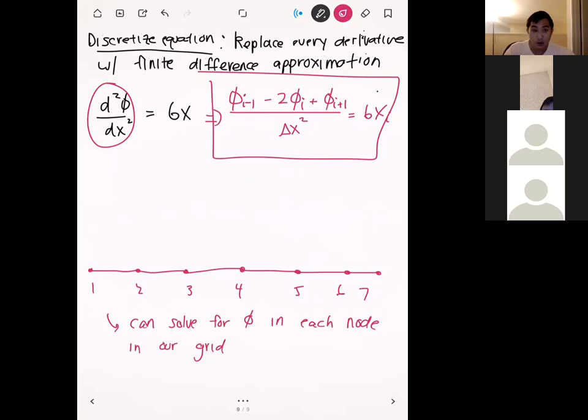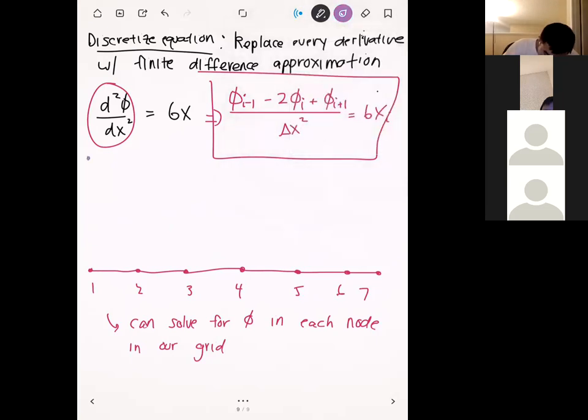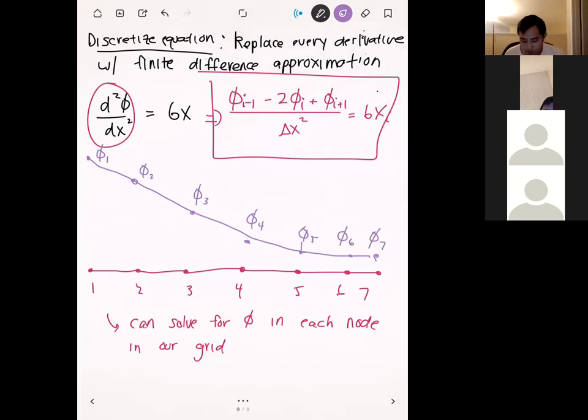And so what we want eventually is a solution that looks like this. If you remember what our exact solution looked like, it looks something like this, where this up here is phi 1, we'll call this phi 2, call this phi 3, phi 4, phi 5, phi 6, and phi 7. And so this is what we want right here.